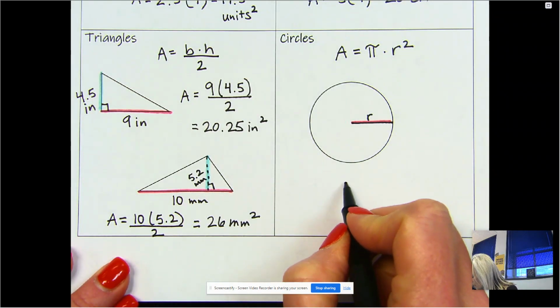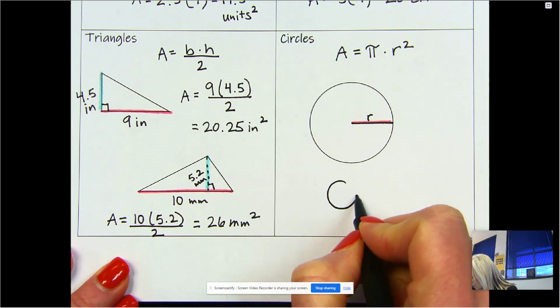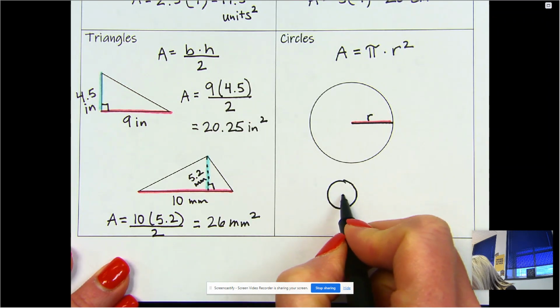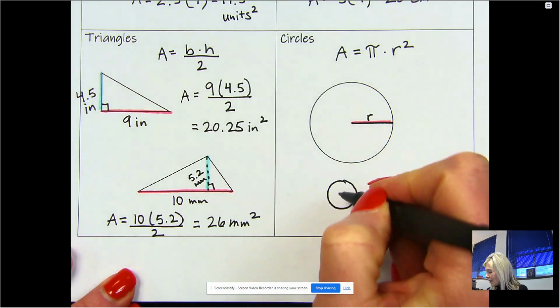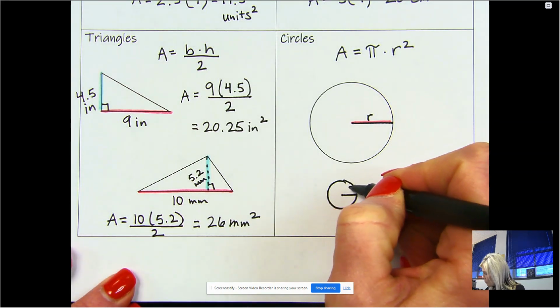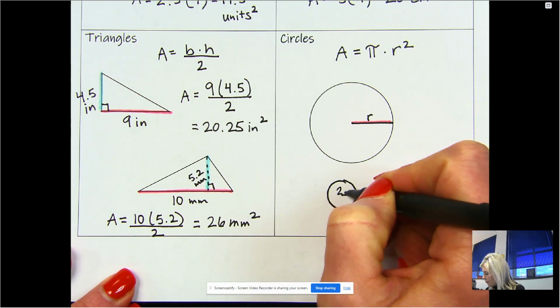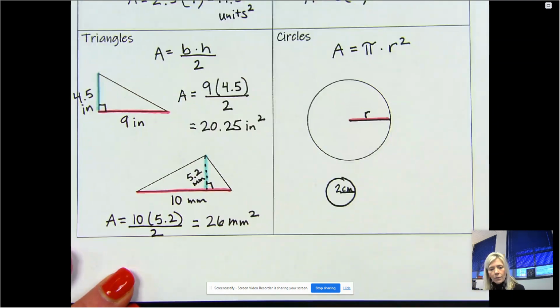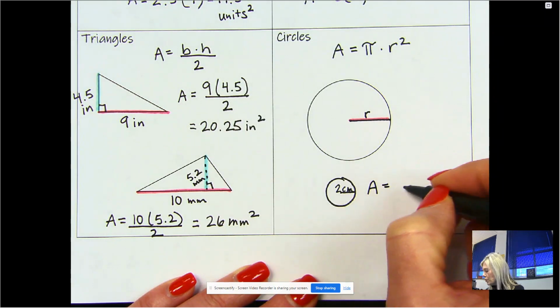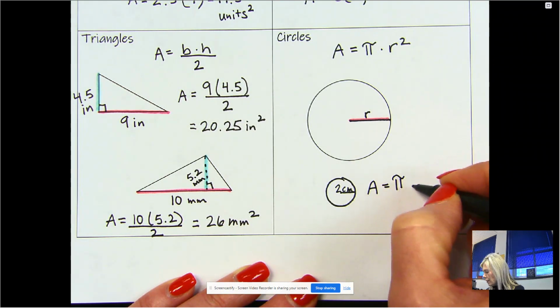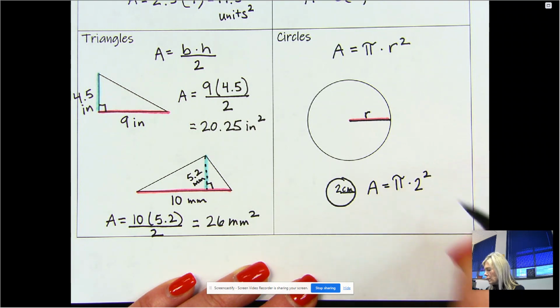So for this circle here, that's actually a pretty good circle. Let's say it has a radius of 2 centimeters. Okay, so its area is equal to pi times 2 squared.